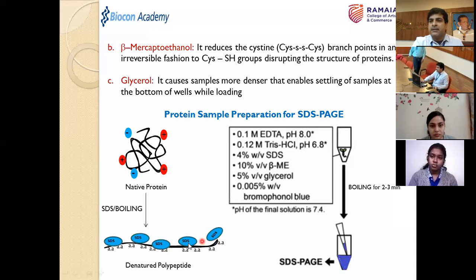SDS is negatively charged, and this detergent is going to bind to the polypeptide in such a way that for every 2 amino acids, 1 SDS will be bound. Okay, so that way this whole protein will have a uniformly negative charge. Understood? So that is what you are making during the sample preparation.